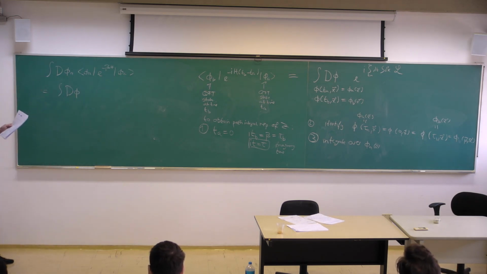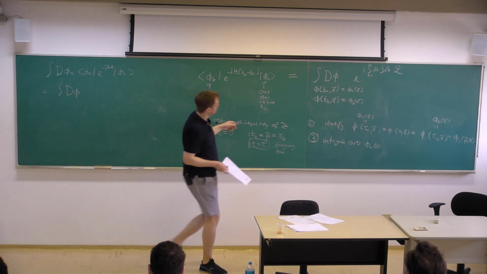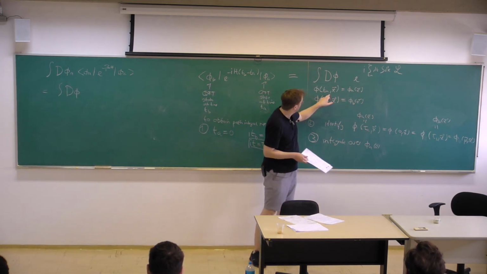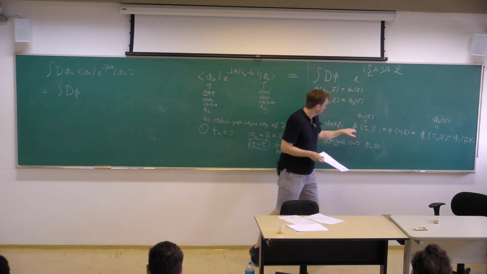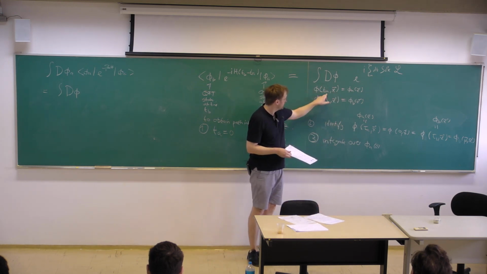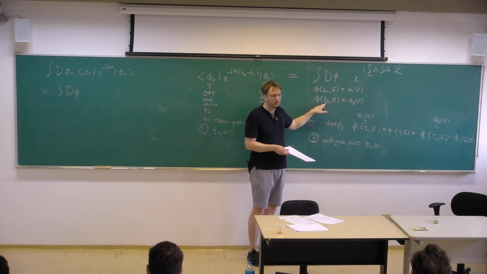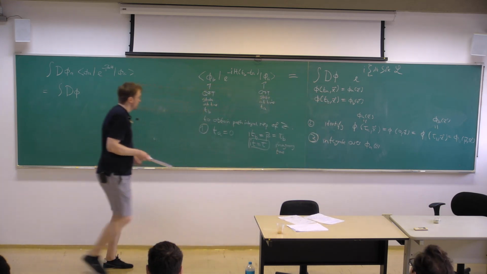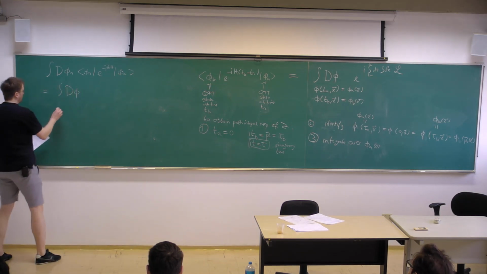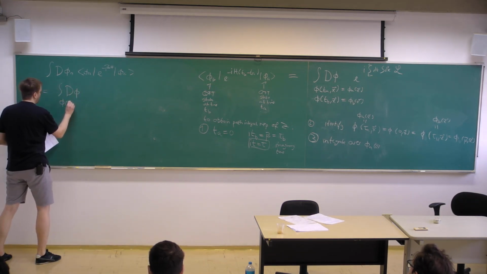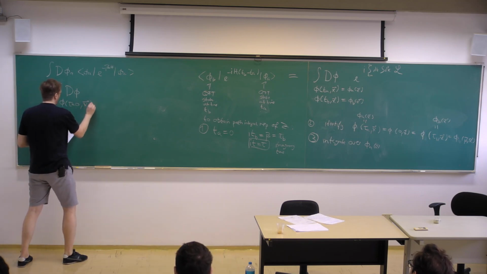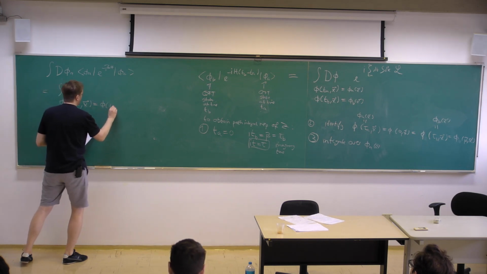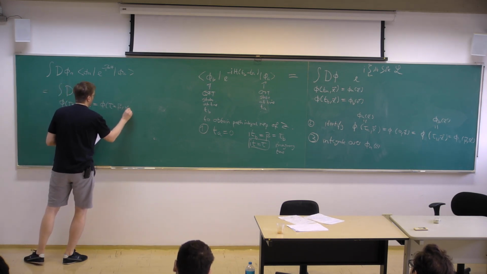Again, here I kept the configurations at the initial and final time fixed. But now I only have to require that the configurations at initial and final times agree, and then I integrate over all configurations. So my new boundary conditions are that phi of tau equals 0, x is the same as phi of tau equals beta, x.